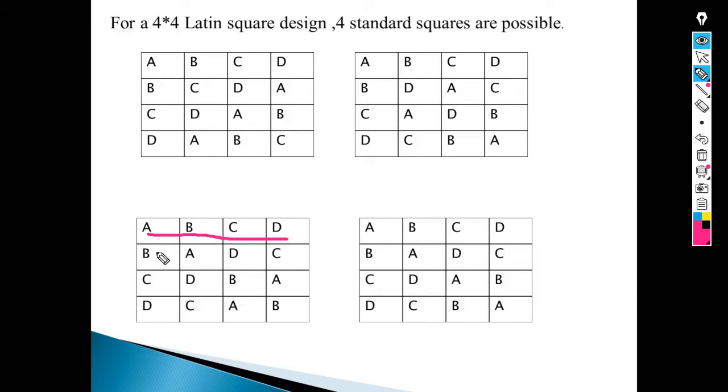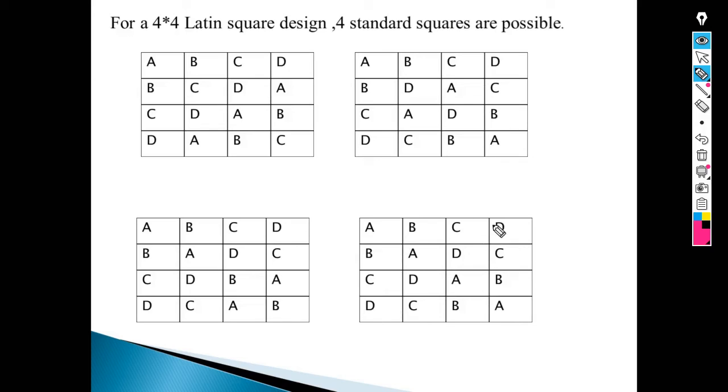In the first column we have A, B, C, D, and in the remaining plots we assign treatment A here, B, C, then D, B, A. In the last row we assign treatments C, A and B. In this way we get one treatment only once in each row and in each column.